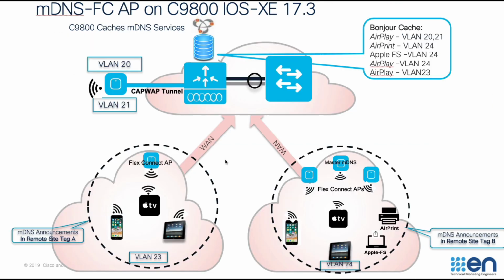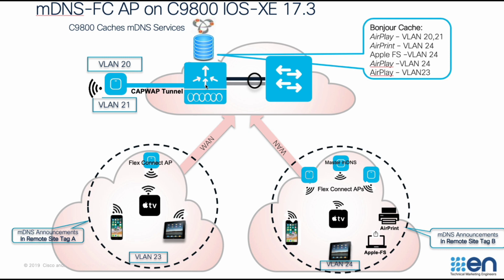In this step, we're briefly going to describe just the new service available on Catalyst Controller Release 17.3. In this release, we added support for MDNS services availability on the FlexConnect AP in remote sites. As you can see, you still go through this configuration of all the policies and profiles on the Catalyst controllers.